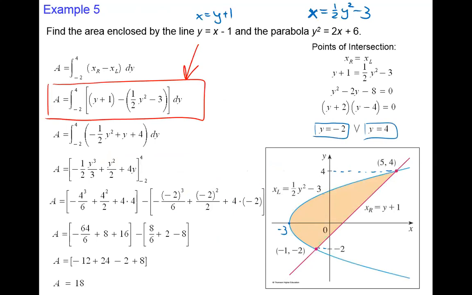Hang on, we have another question. If the graph was flipped over the y-axis, would you still do the right left? Oh, no, always right minus left. Whatever position, we still have to do right and left.